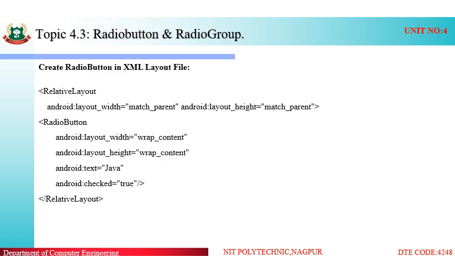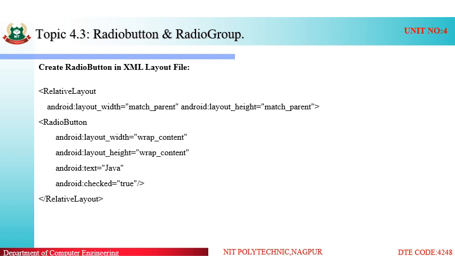So how to create a radio button in an XML layout file? We have taken here a relative layout. We can also take different types of layout, linear layout, absolute layout, whatever depending upon the user requirement. Inside the layout we are placing our radio button.